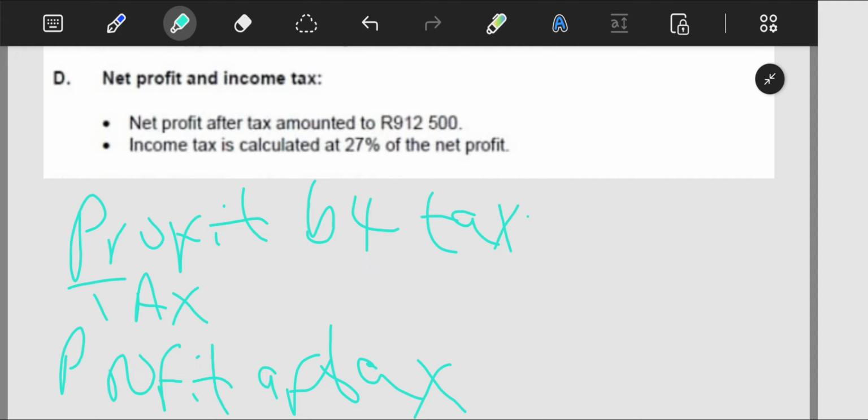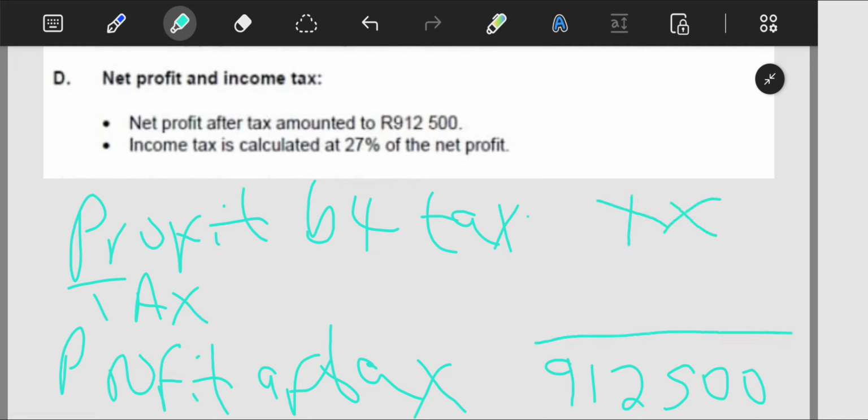So what are we given here? We are given net profit after tax, meaning that we are given this figure here, 912,500. We know this minus this is equal to this.